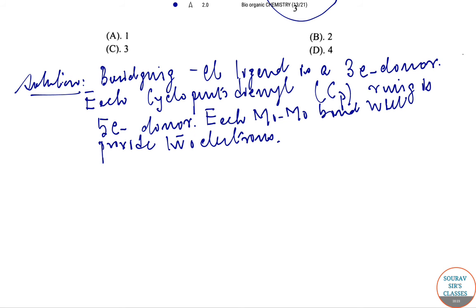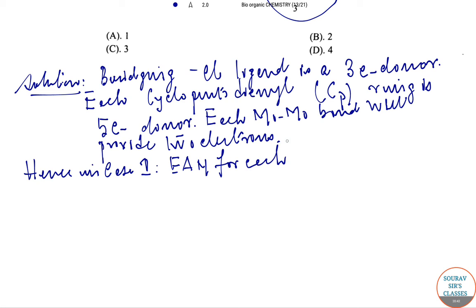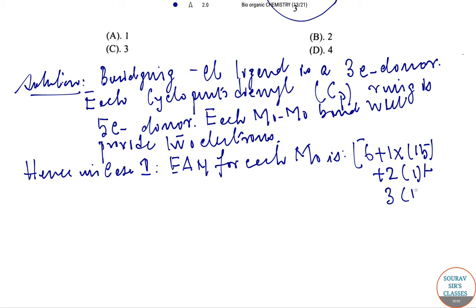In case 1, the EAN for each Mo is 6 plus 1 into 5 plus 2 into 1 plus 3 into 1, and that makes it 16 electrons.